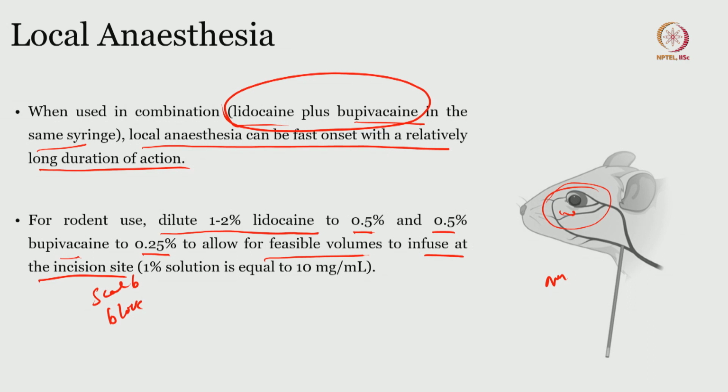So that brings to the end of today's session. So to summarize, we have gone through the entire set of the equipment, the monitoring parameters, all the drugs that are involved, and what are the options for injectable anesthesia and inhalation anesthesia, how are we going to monitor during the surgery and anesthesia.